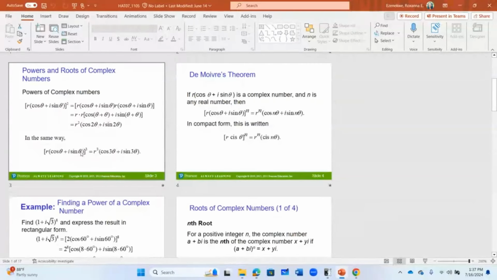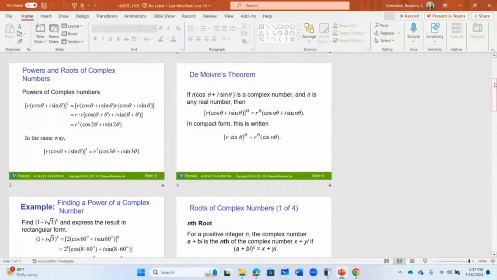That's what it says. Okay, the Moivre's theorem, the same thing is about complex numbers, and n is any real number. So the Moivre's theorem is that if you are told to expand any number raised to power n in compact form, you can write it as R cis theta to power n, but you don't have to write compact form all the time.